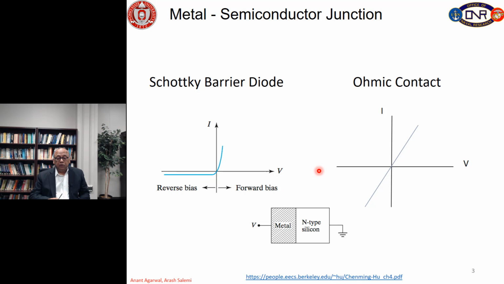The second type of contact can be an ohmic contact between metal and semiconductor, which allows the current to flow in both directions. In semiconductors, and especially in power devices, we make use of both of these types of contacts. So, we will today describe the physics behind these diodes and the ohmic contacts.